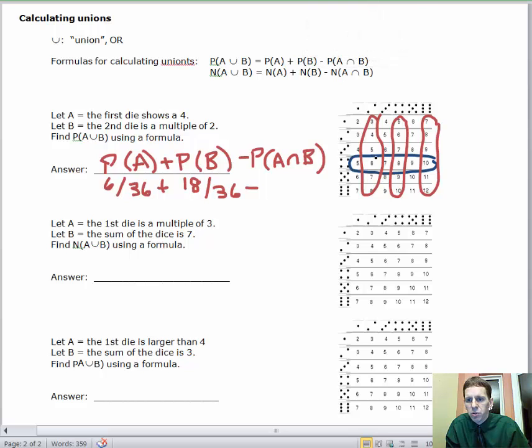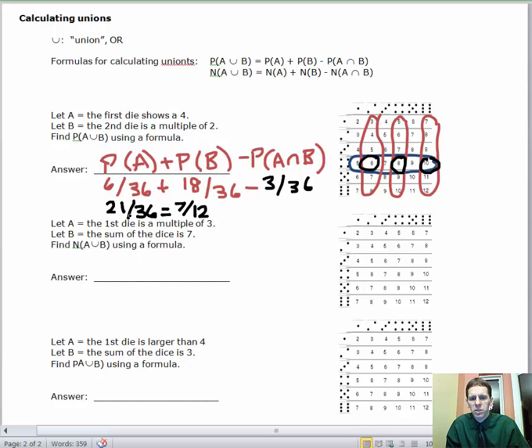So it was these 3 values here make up the intersection. And when you add these values together, 6 plus 18 is 24, minus 3 is 21. You're allowed to add them because they all have the same denominator. We tried to keep them as common denominators. And you get 21 over 36. You are allowed to reduce this down to 7 over 12.